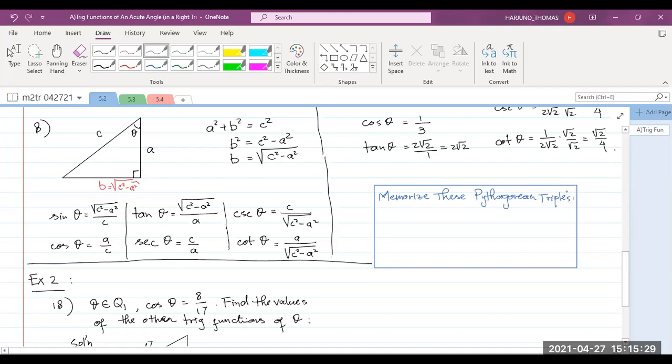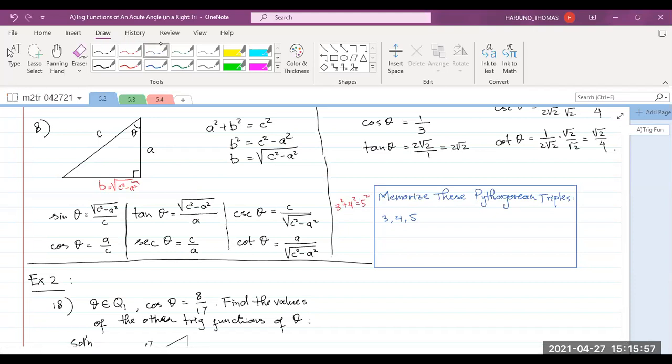Pythagorean triples are three numbers, three integers, that satisfy the Pythagorean theorem. Now, the one that you already know is 3, 4, 5, right? Of course, the longest one must be the hypotenuse. If we say 3, 4, 5 is a triple, it means 3 squared plus 4 squared equals 5 squared. That's what it means.